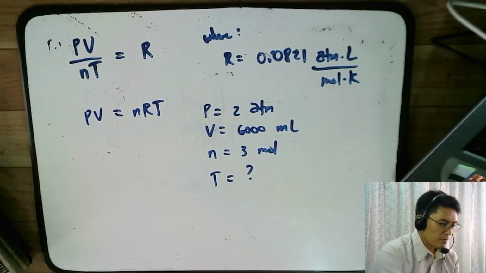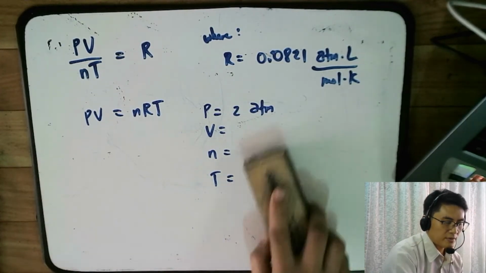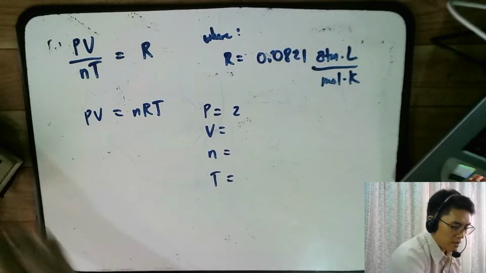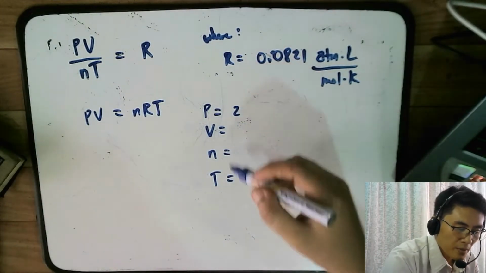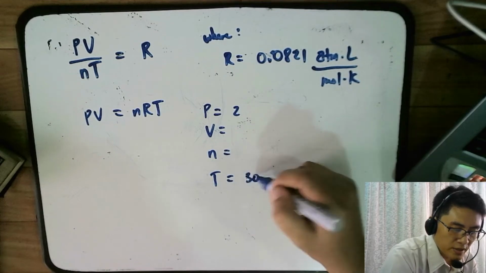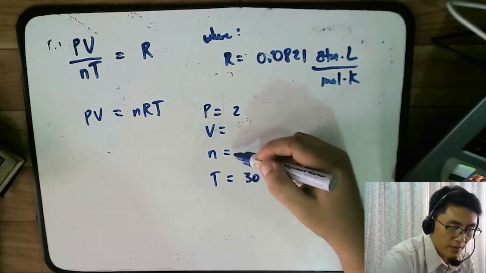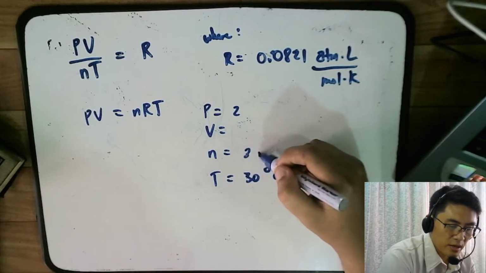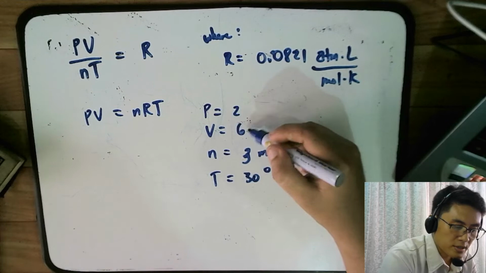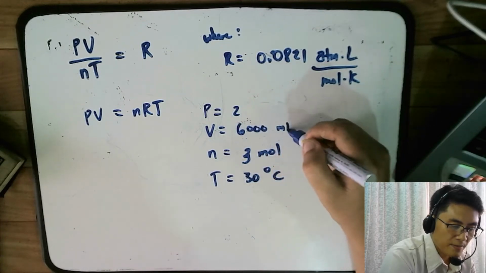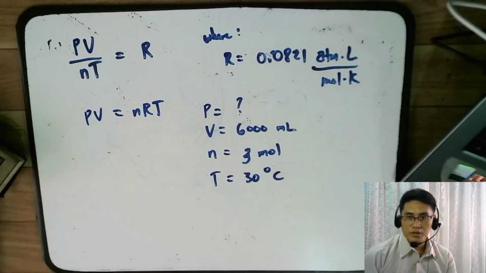Maybe let's change that. The temperature is 30 degrees Celsius, the number of particles is 3 moles, and the volume is 600 ml, and we are going to solve for the pressure.